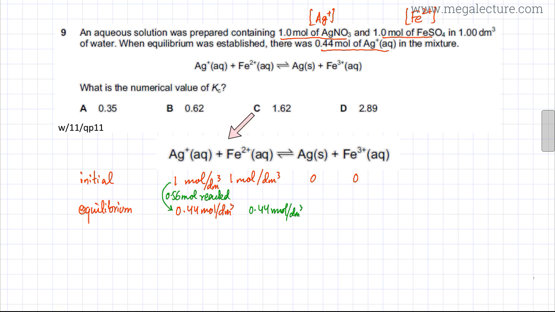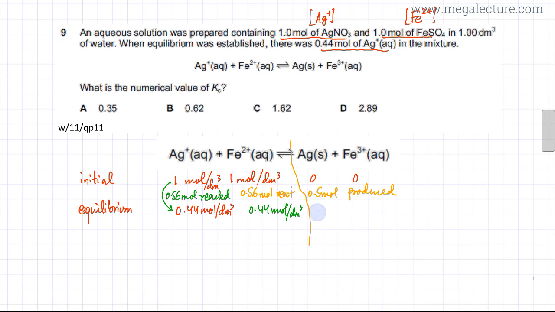Now, if 1 reacts with 1, then it's going to produce 1 mole of silver and 1 mole of Fe3+. So if 0.56 moles reacted with 0.56 moles of Fe2+, then 0.56 moles of silver solid and Fe3+ would be produced.